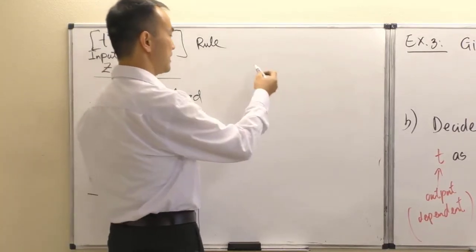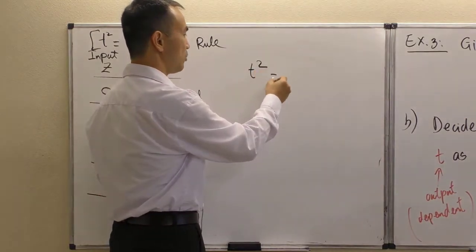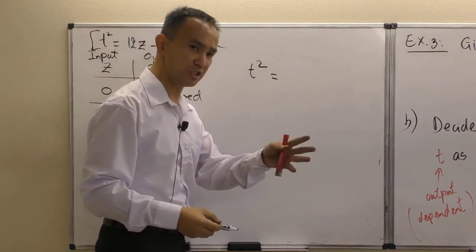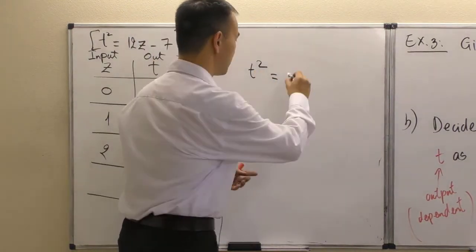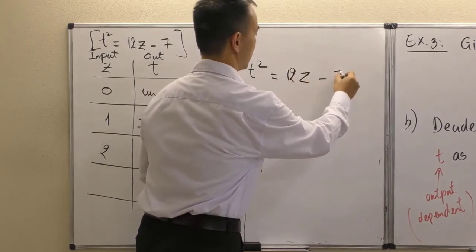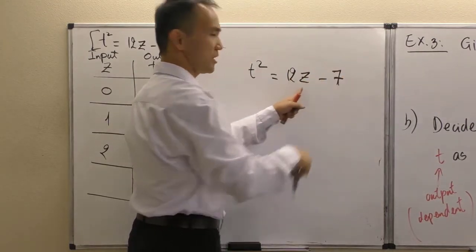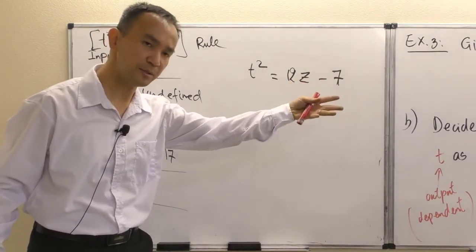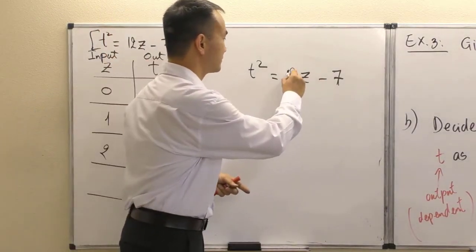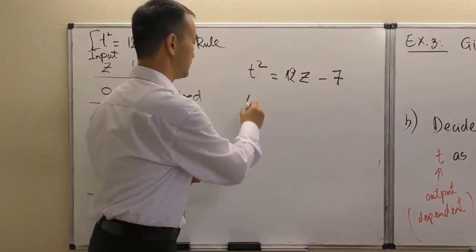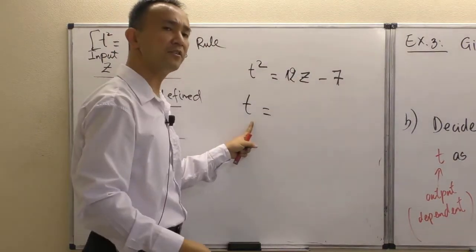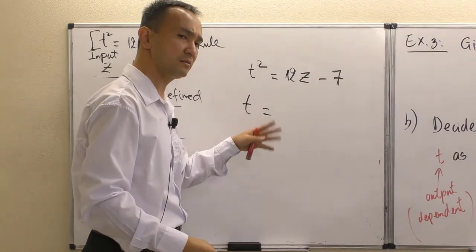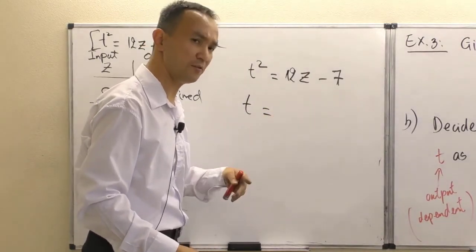So here's how I see it. If t squared equals 12z minus 7, suppose z is substituted by some arbitrary value. Then finding the value for t, I've been doing up to 3 tries so far.